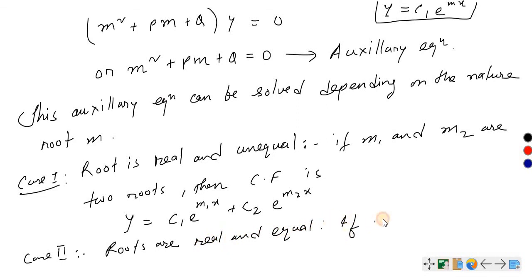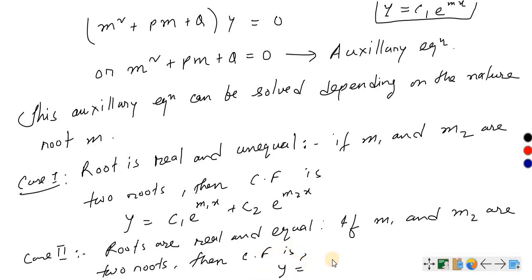So if m1 and m2 are two roots, then complementary function is y is equal to (c1 plus c2x) e to the power mx.